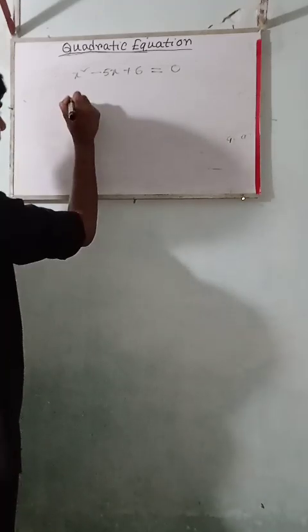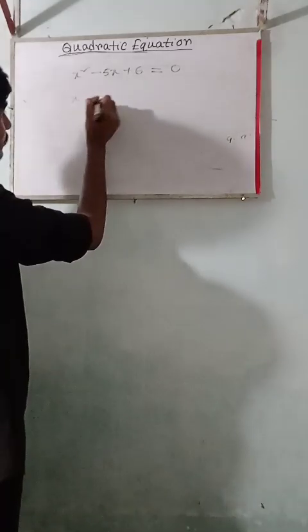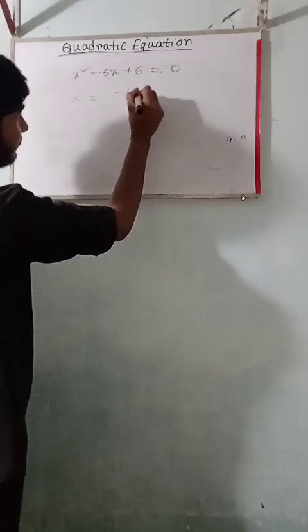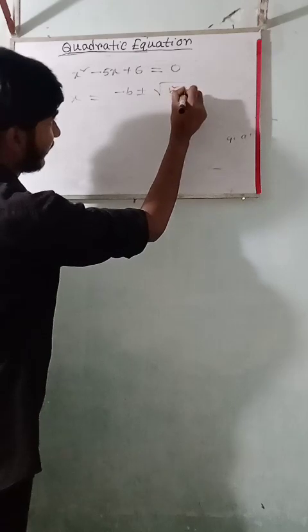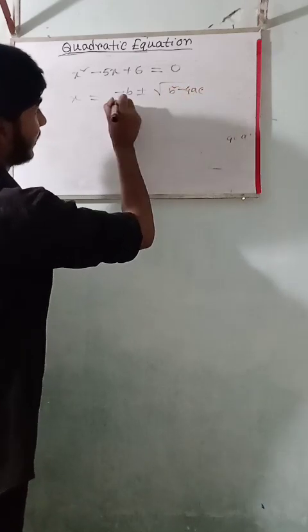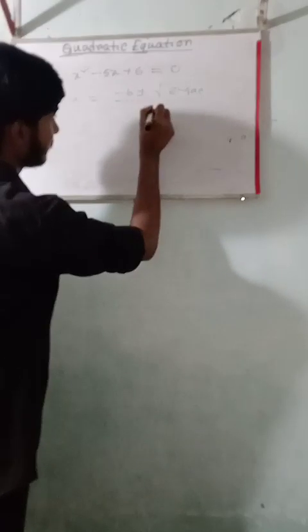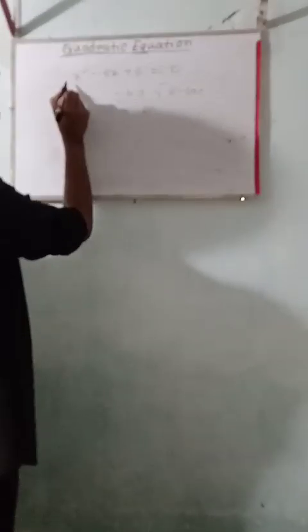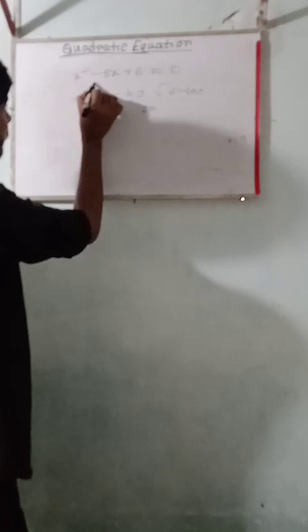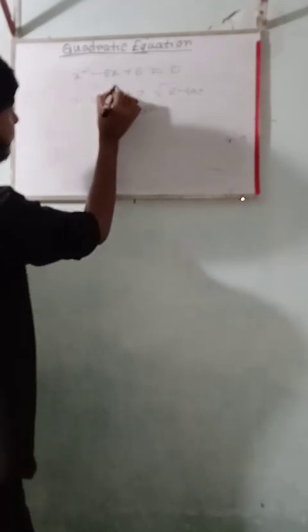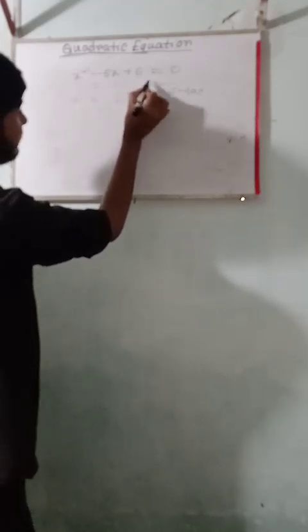We know the value of x: x equals minus b plus or minus root over b square minus 4ac, divided by 2a. Here a is replaced by 1, b is replaced by minus 5 and c is the constant value 6.